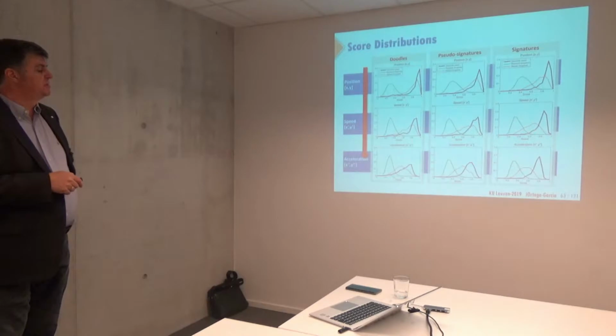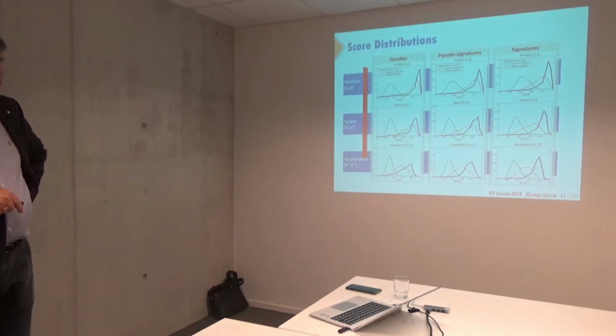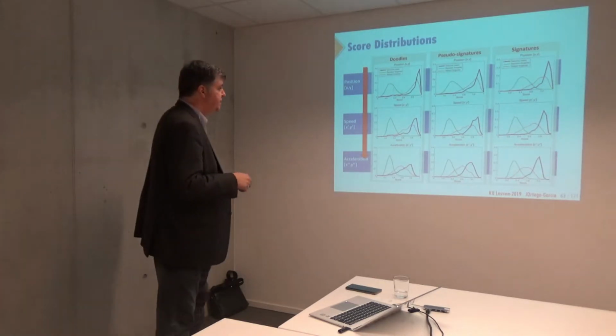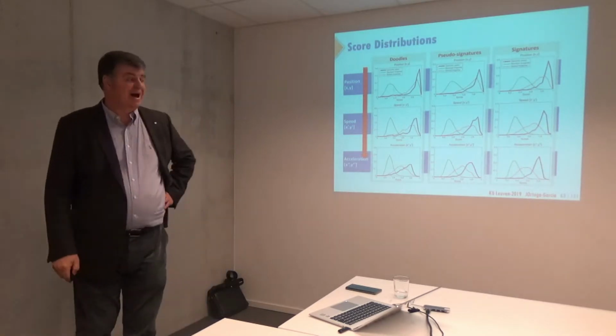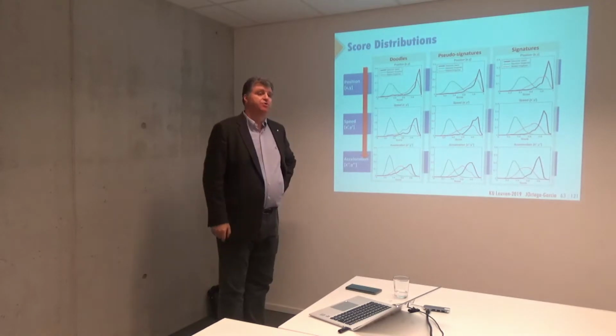Here it is interesting, you have distributions. Green is random forgeries, blue is genuine users, and the dotted red line is skilled forgeries.